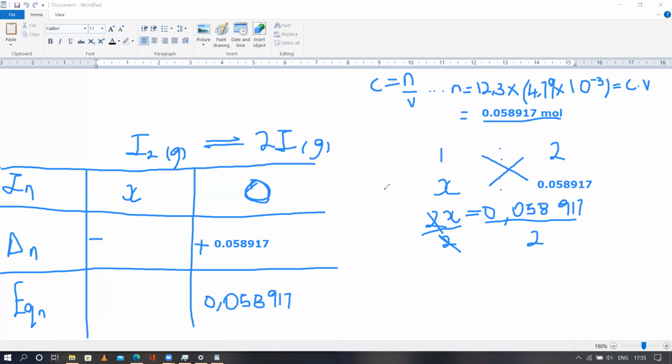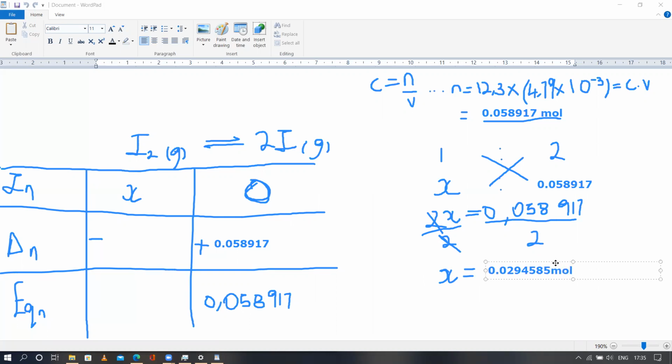So dividing that by 2, I get x is equal to 0.0294585 mole.